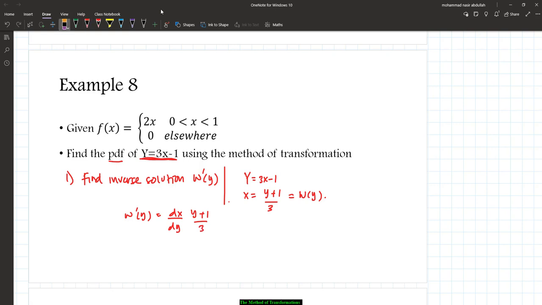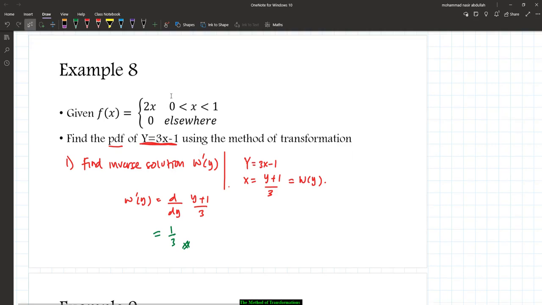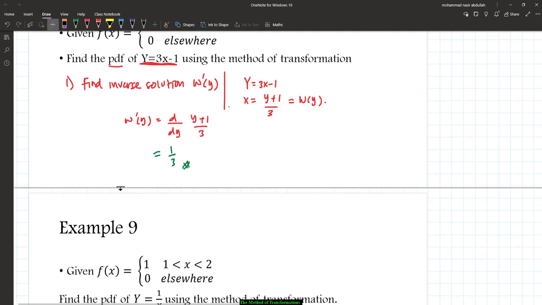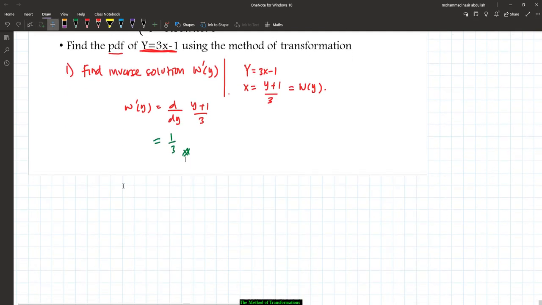It should be, with respect to y, equal to 1 over 3, right? So we just follow the steps. The steps are all the same, so very simple.